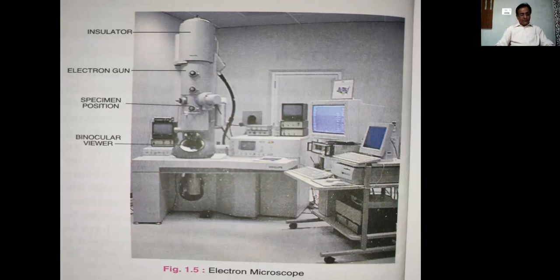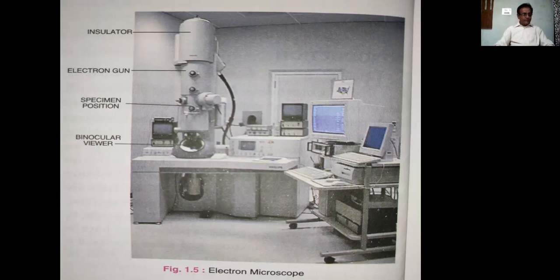Now, the cell has three basic structures. The first one, the cell membrane, the outermost boundary of the cell. Inside the cell membrane, the cytoplasm, the fluid-like substance present inside the cell membrane.